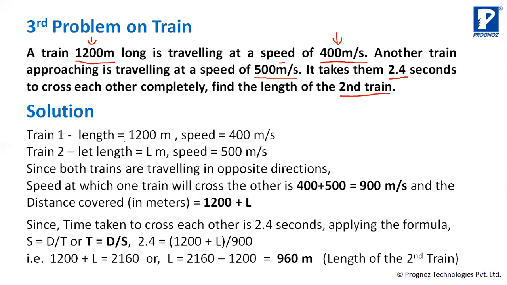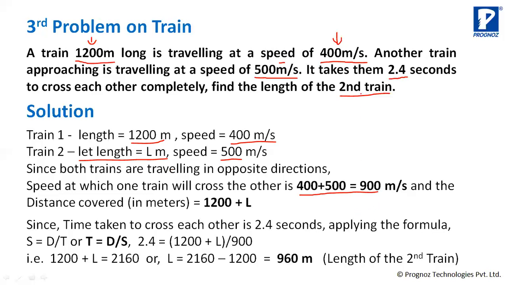Train 1, the first train, length is 1200 meters, it's given, and speed is 400 meters per second, right? For train 2, let us assume the length is equal to L meters, and speed is given, which is 500 meters per second. Since both trains are traveling in opposite directions, the speed at which one train will cross the other is 400 plus 500, which is 900.